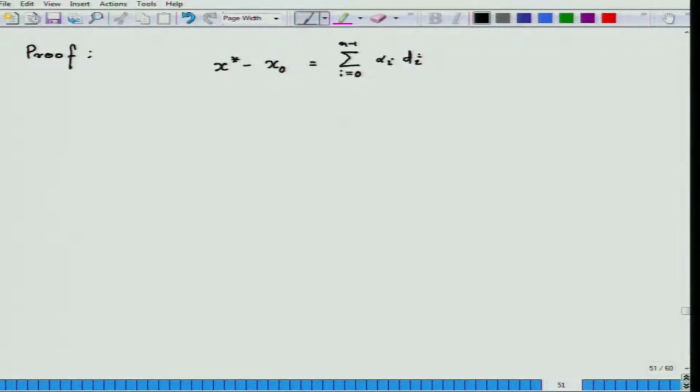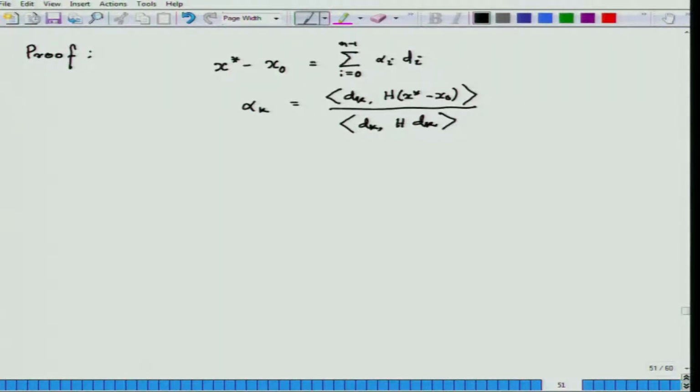By the same way that we have evaluated, we can now compute for every k, alpha k is d k h (x star minus x naught) divided by d k h d k, in the same process that we have used.